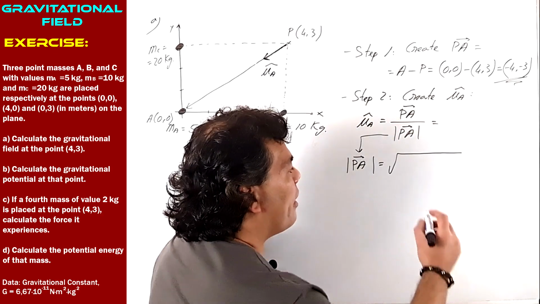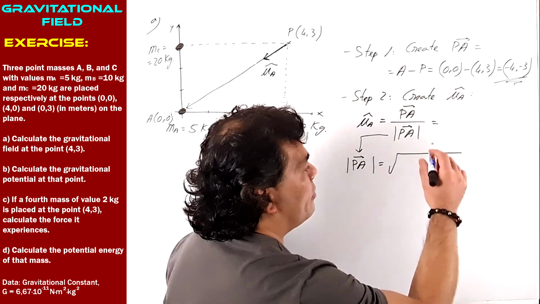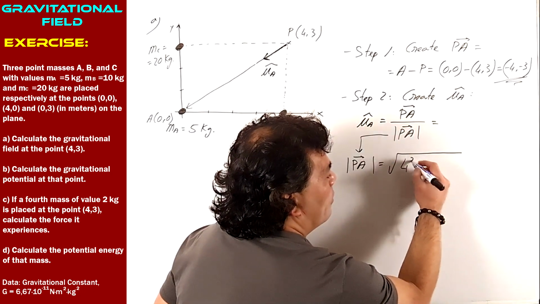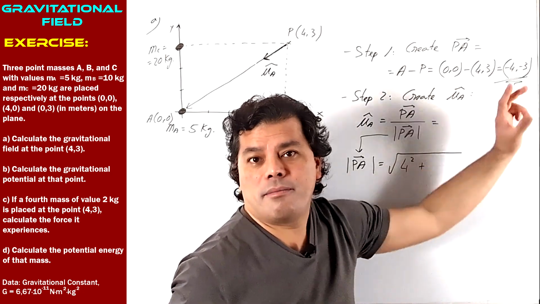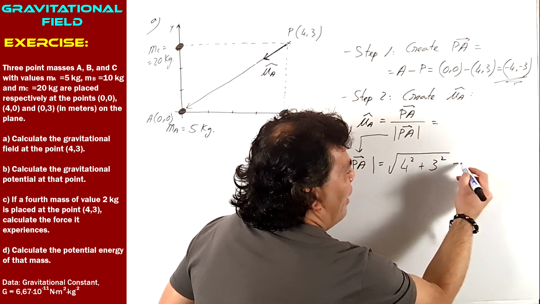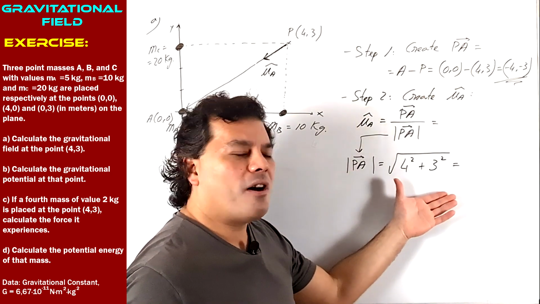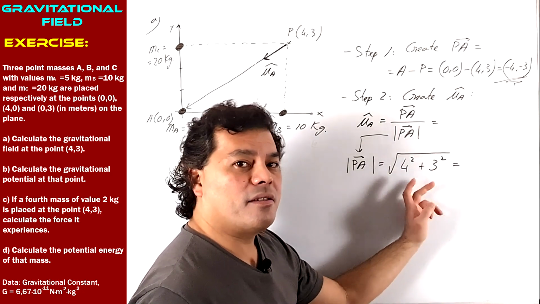That is (-4) squared, but as it will become positive, I'm just writing 4 squared, plus (-3) squared, but in positive because it's becoming a positive number. And there we have the modulus of our vector PA. 16 plus 9 is 25.